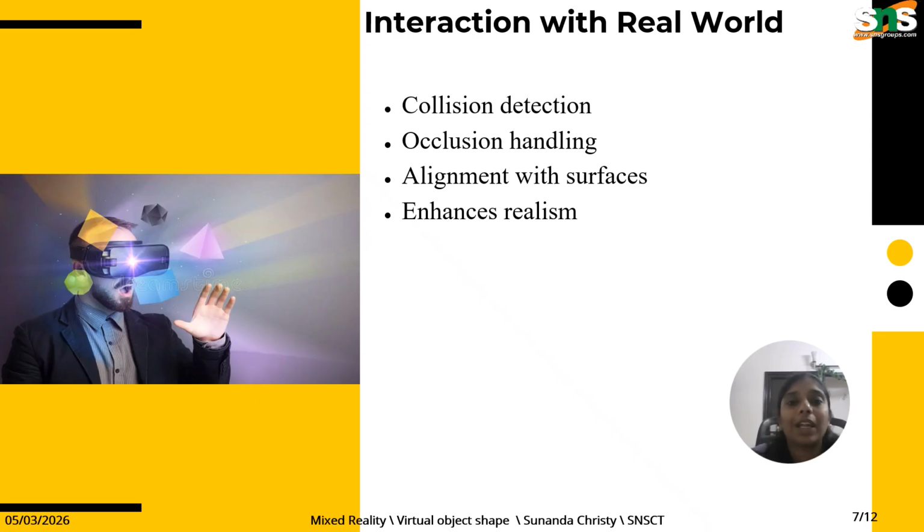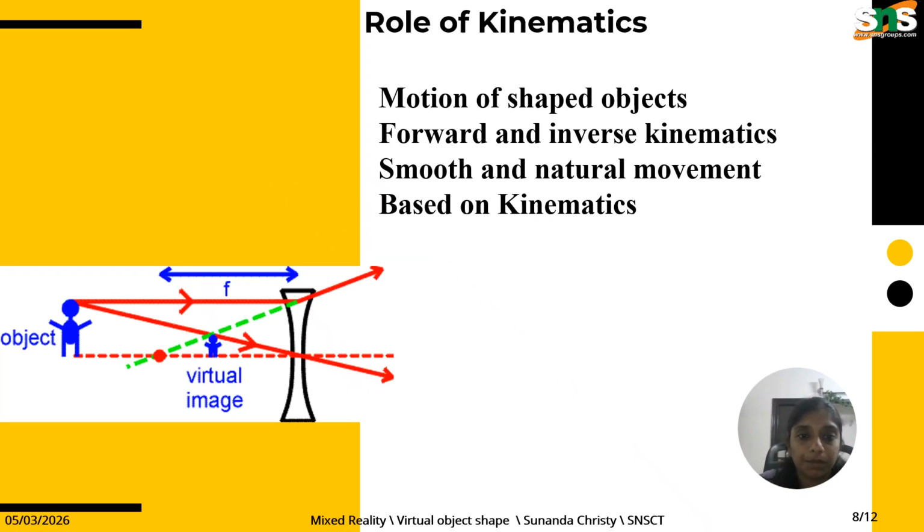Collision detection means we can detect what is going to collide with each other, so that it can be avoided. Occlusion and alignment are also very much needed in the environment space. And it should enhance realism, because realism is very important to interact with the real world. The virtual world should be the same as the real world, equal to all the objects that we are using in the virtual world.